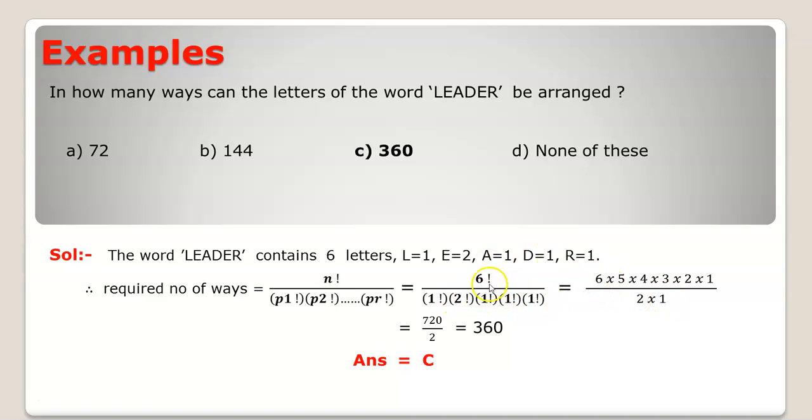In the numerator, 6 factorial is 6 into 5 into 4 into 3 into 2 into 1, which equals 720 divided by 2, that is 360, and option C is the correct answer.